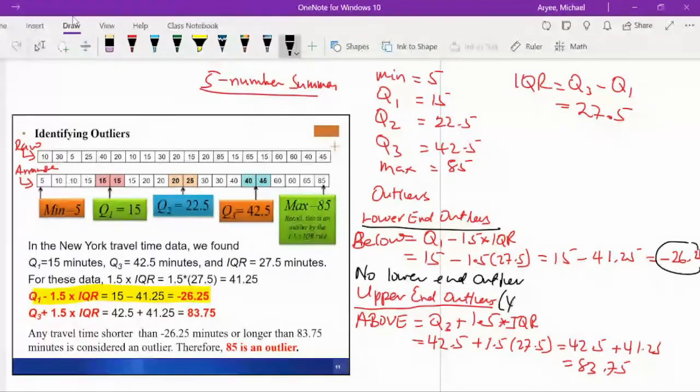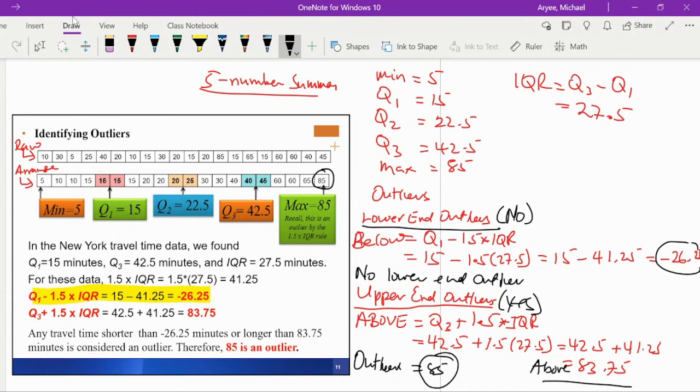Here, for the lower end, our answer is no. But here our answer is yes, because we see that 85 is above this number, so the outlier is 85. An outlier is a number that is far away from the rest of the group. So that's how to find outliers.